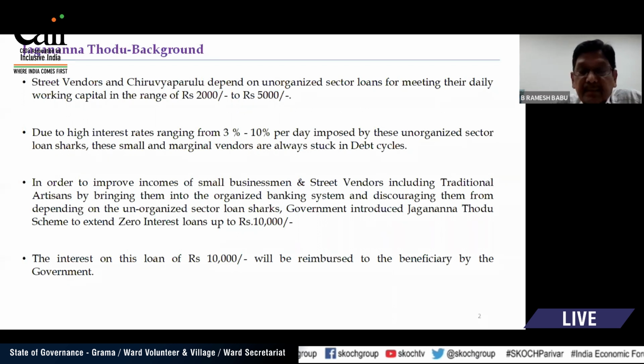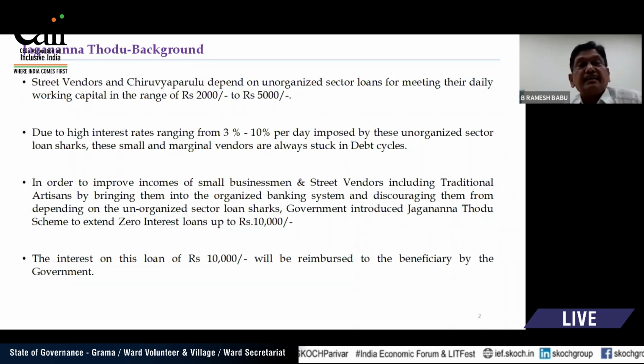But they are taking this amount from money lenders or local vendors and paying interest ranging from 3 to 10% per day, not per month or per year. Whatever they earn, they pay as interest to the money lenders. That's why they are always in a debt cycle, a vicious cycle.